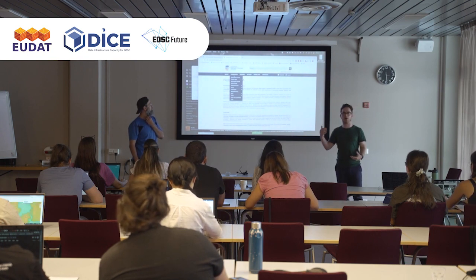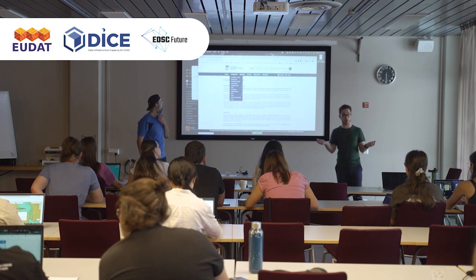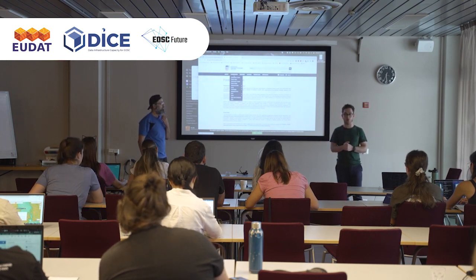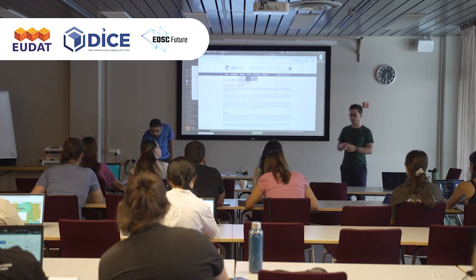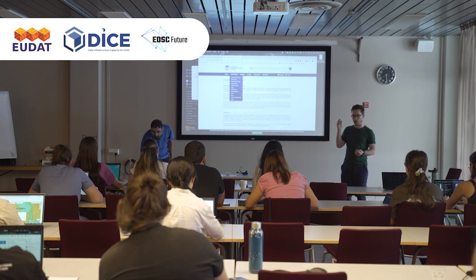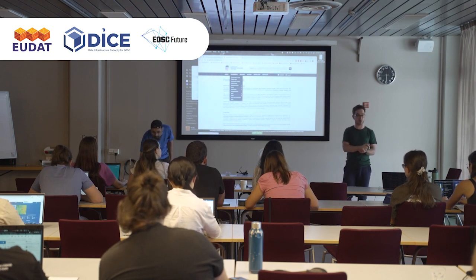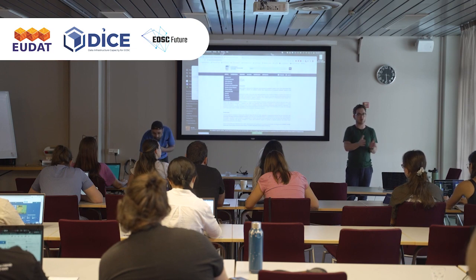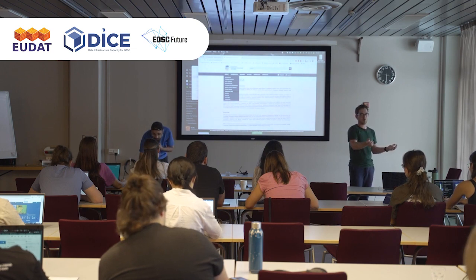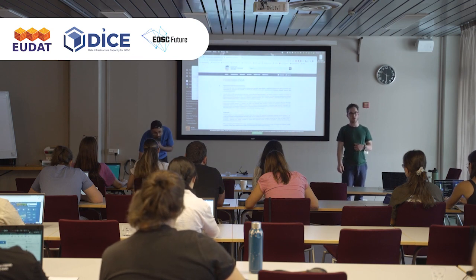That's quite often supported by European guidelines. For example, earlier this week we showed the ethics guidelines from the European Commission. Every researcher in Europe is supposed to follow these guidelines, so they are a good starting point if you want to look at that.